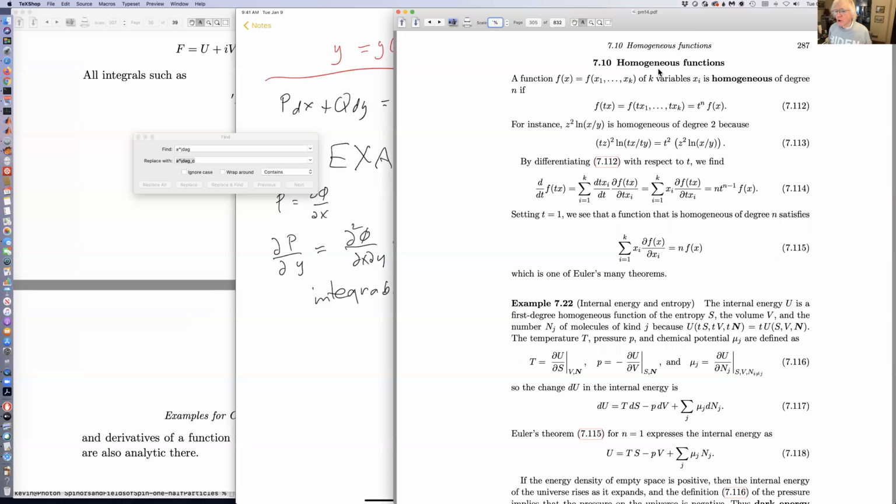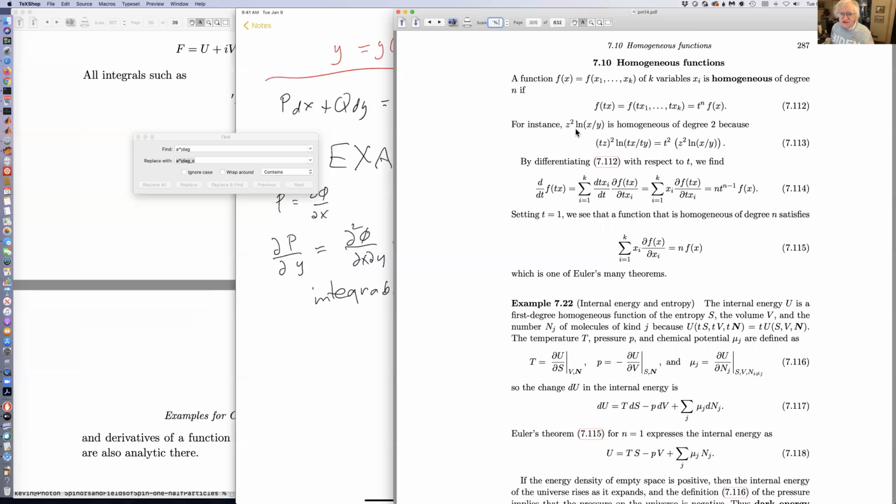The next topic is homogeneous functions, and this is important in physics as well as mathematics, and probably important in engineering. A function of, say, k variables is homogeneous of degree n if you multiply all of the individual variables by the same number t, and what you get is t to the n times f of the variables without any change.